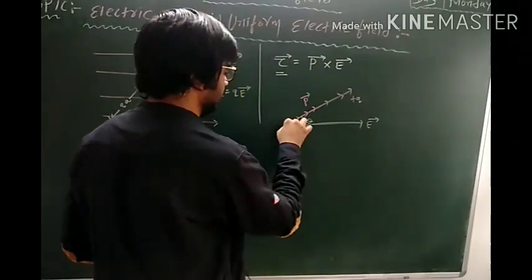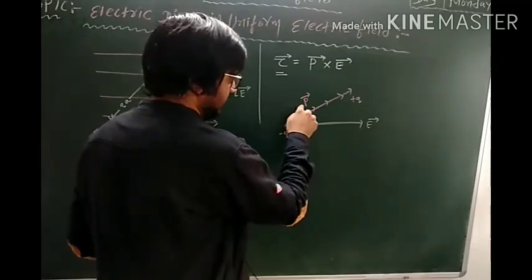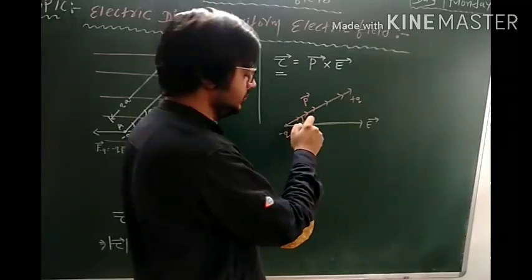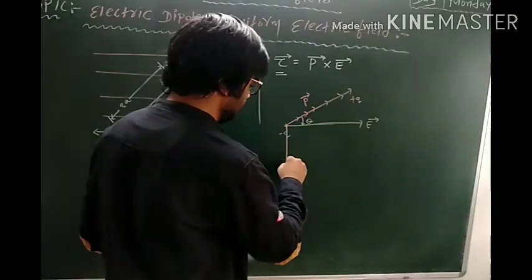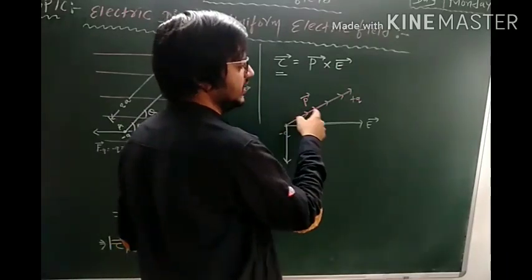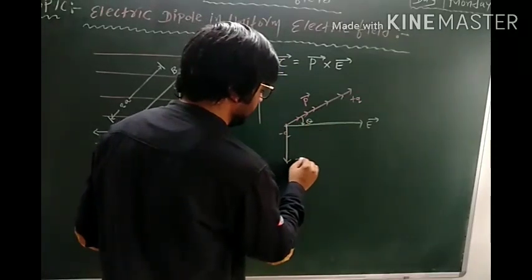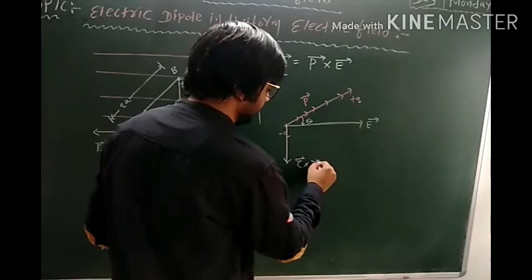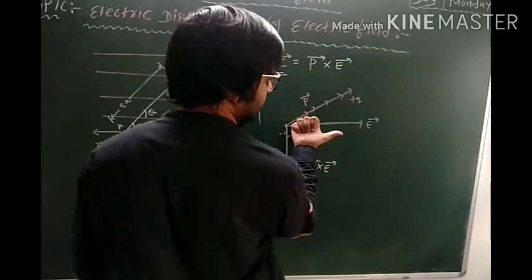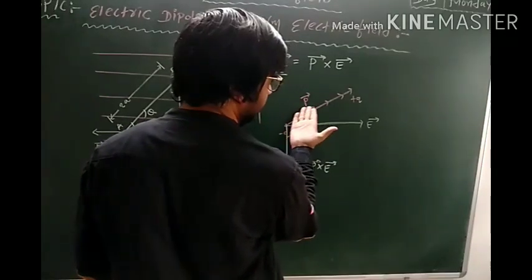So the torque is acting using the right hand screw law. It is perpendicular to p and E, given by p cross E. The electric field is in this direction and the electric dipole is in this direction.